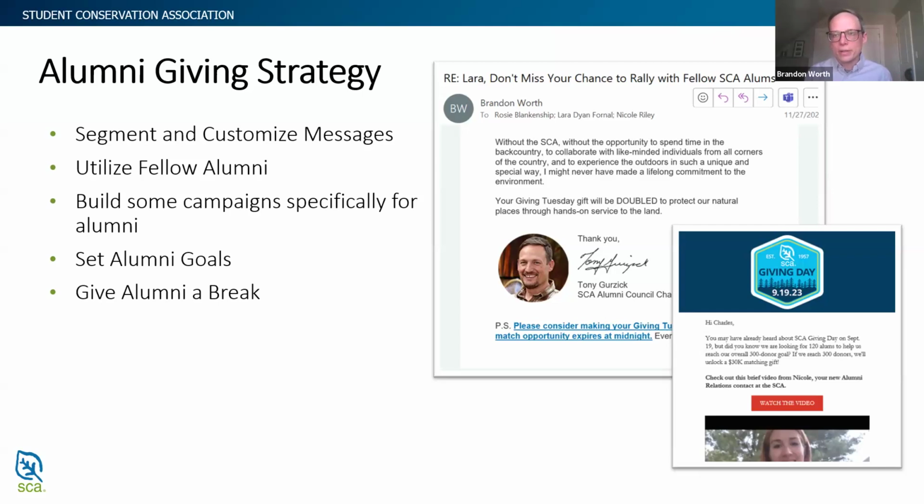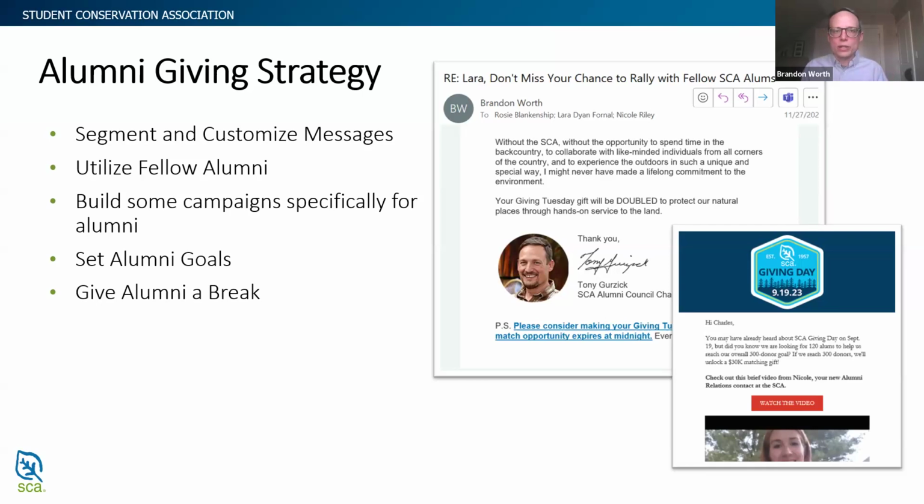So if you're a lapsed donor or a more recent donor, but also almost always having a custom message for our alumni donors as well, that a lot of times is doing less of the educating on why our programs are important, and leaning into, you experienced it firsthand, help give other young people the opportunity to have the experience you had.